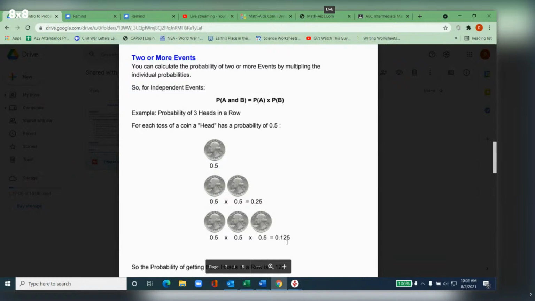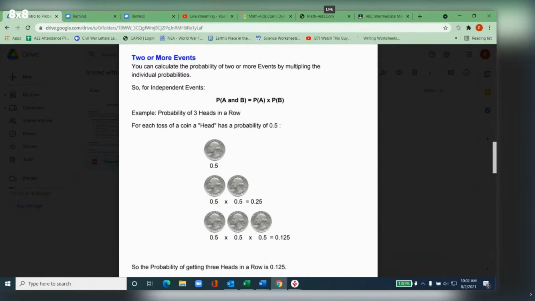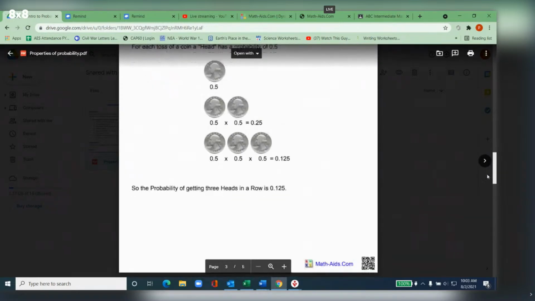So the probability is going to come out to 0.125, because each time you flip it, and we'll use fractions, it would be 1 out of 2 times 1 out of 2 times 1 out of 2. So it's going to be 1/8. That's the probability of getting heads 3 times in a row on a coin. It'd be 1 out of 8, and we write that as a decimal as 0.125.